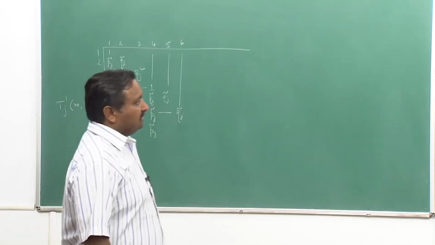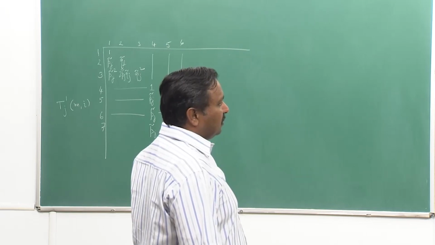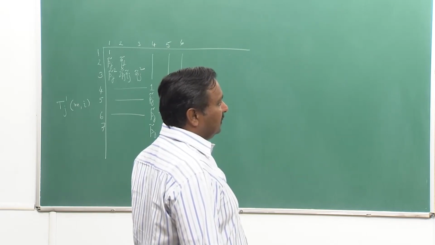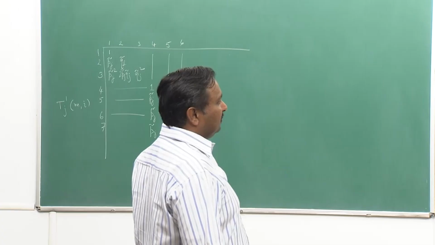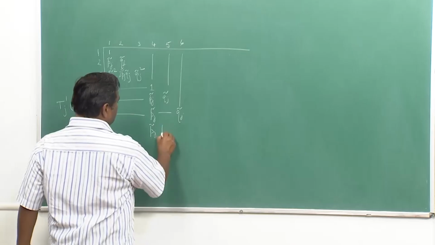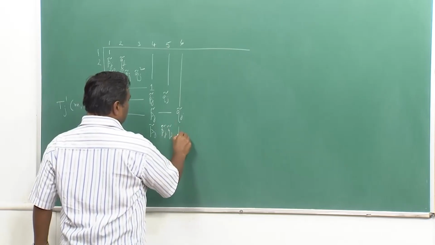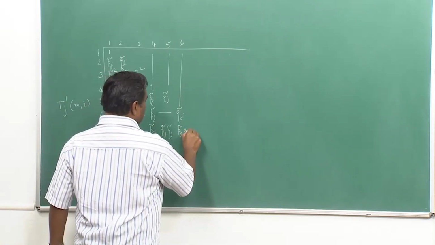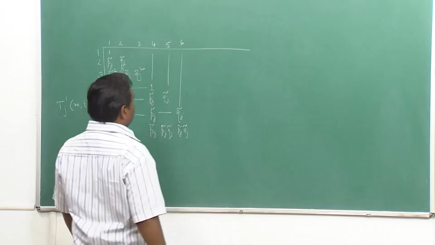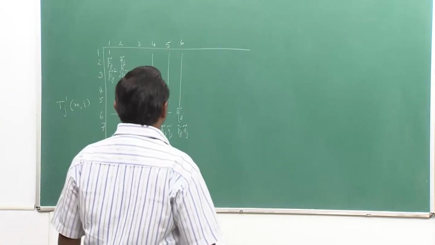If the upper one goes out, you end up in 6. If the lower one goes out, you end up in 5. And if none of them goes out, you end up in the same state, which is 7.